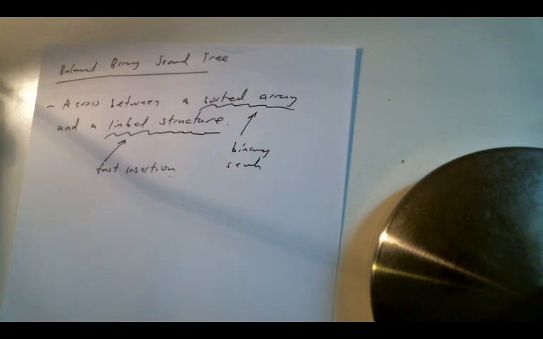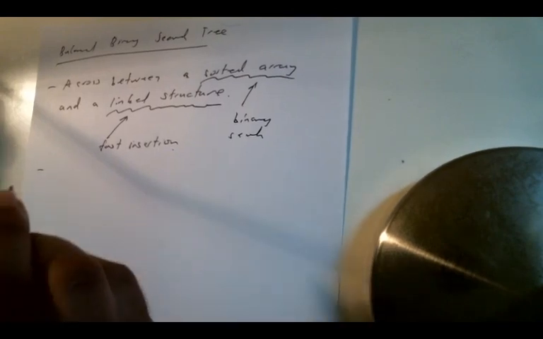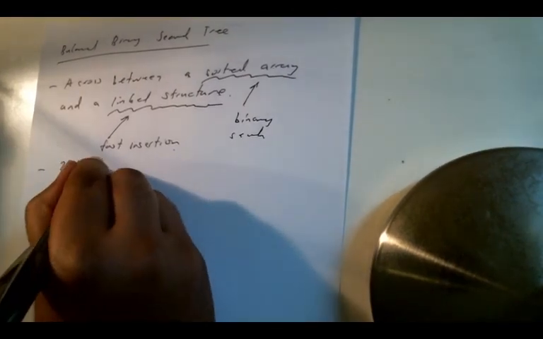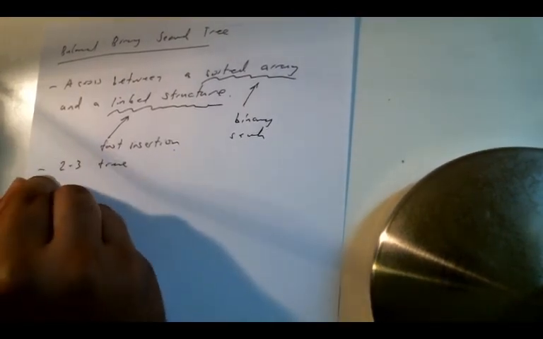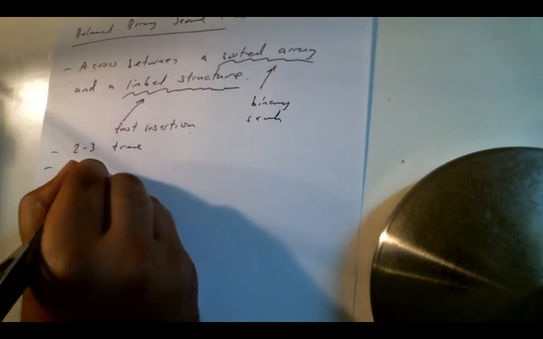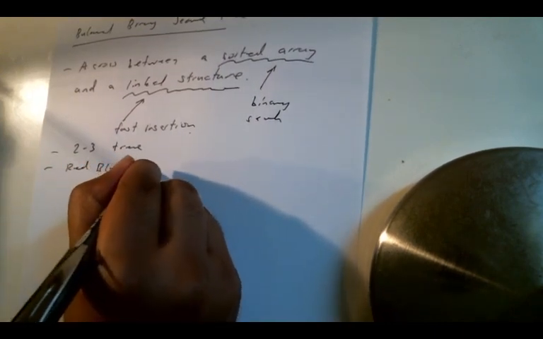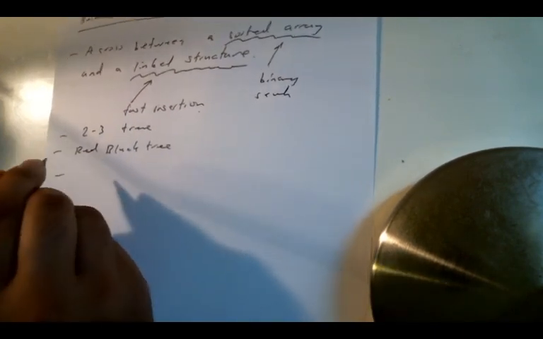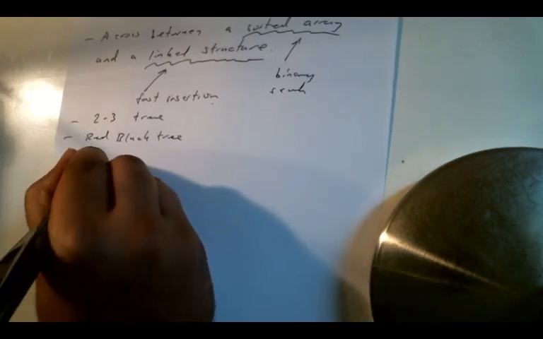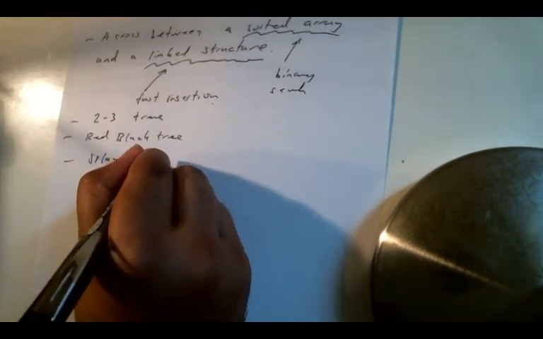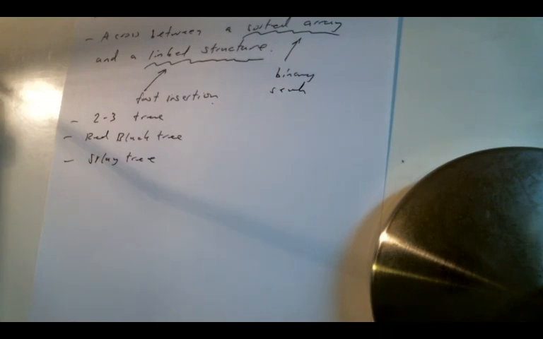It all comes down to types of trees. There are many different types of balanced binary search trees. For example, the 2-3 tree, the red-black tree, the splay tree, and so forth.